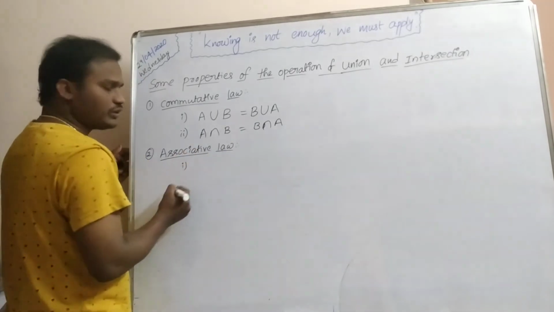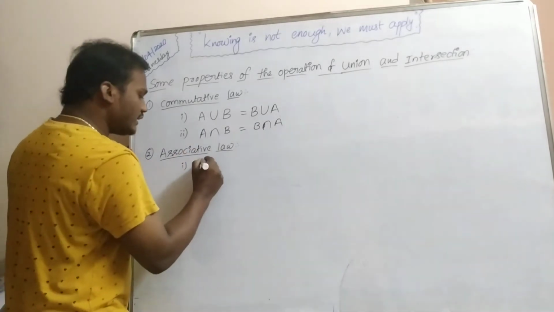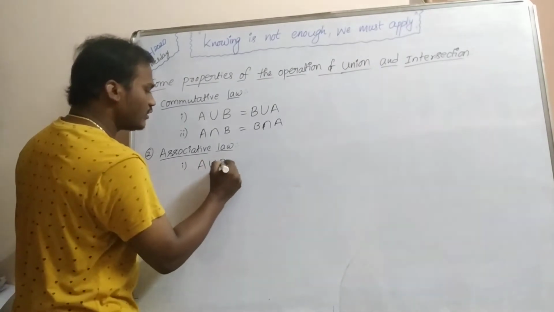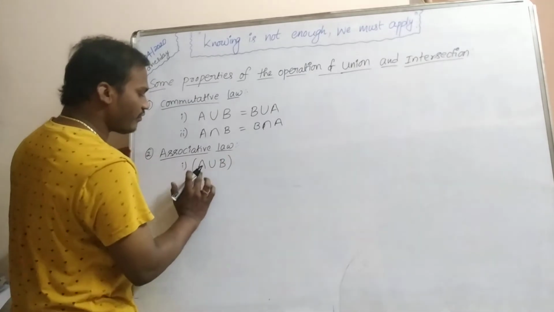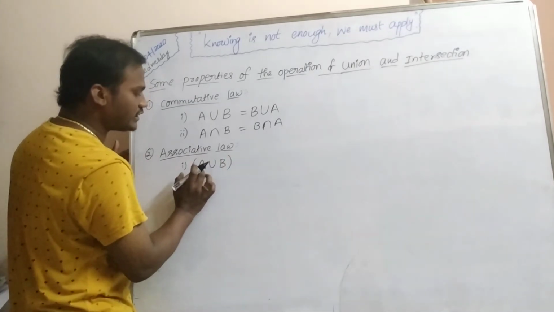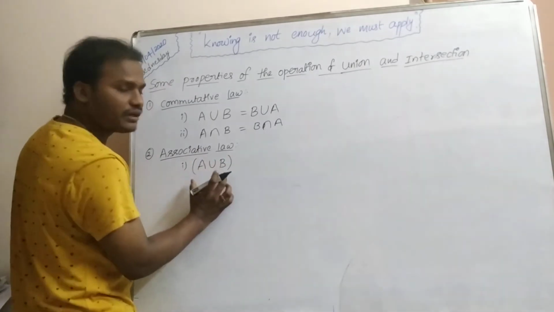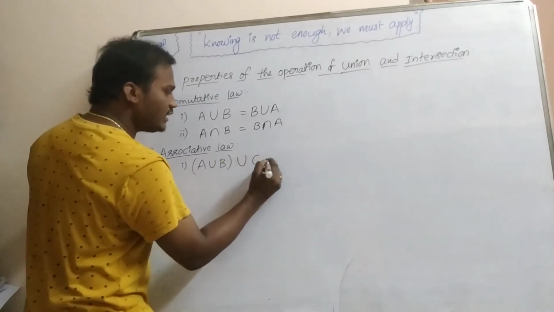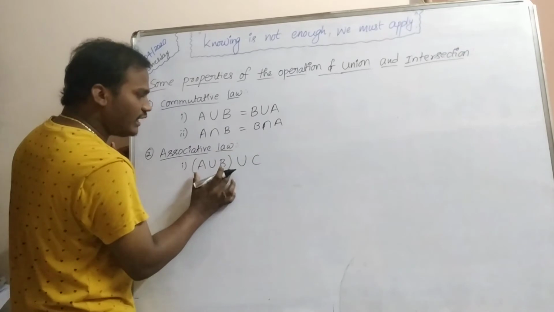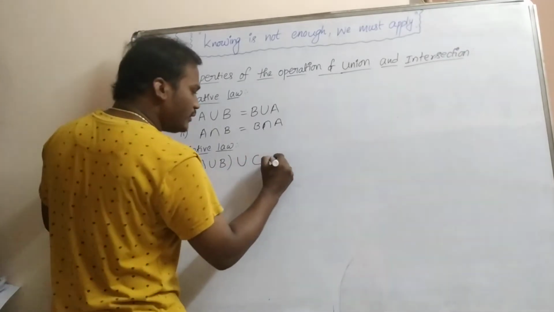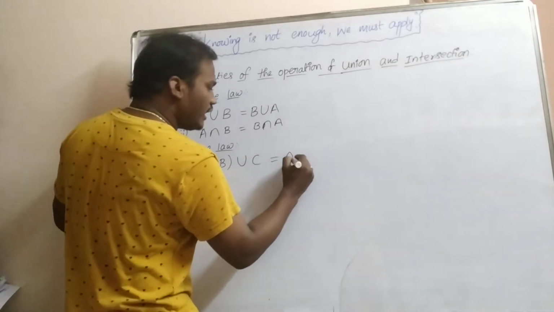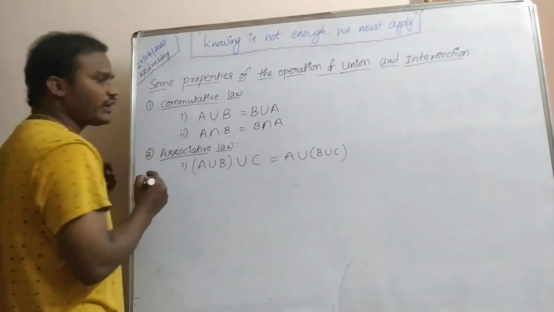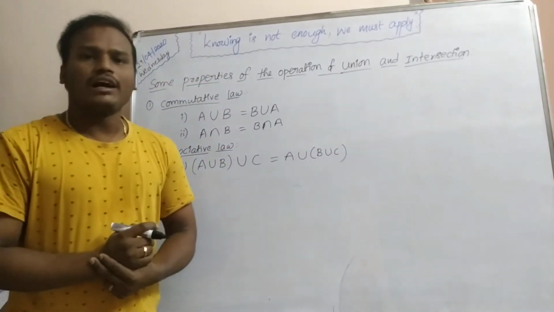We have learned this in numbers also. For union, I take A union B first, which is all the elements of A and B combined. Afterwards, we find the union of A union B with C, which will be equal to A union B union C also. This is called associative law.